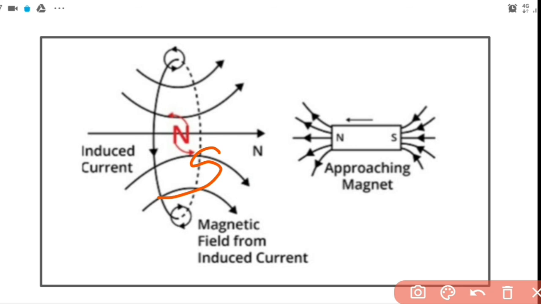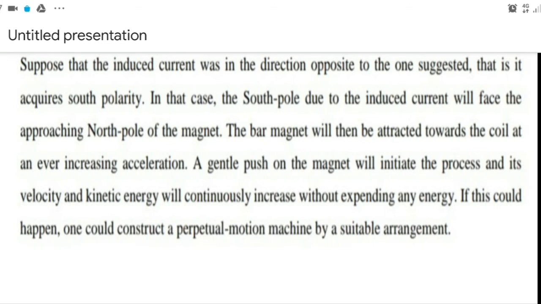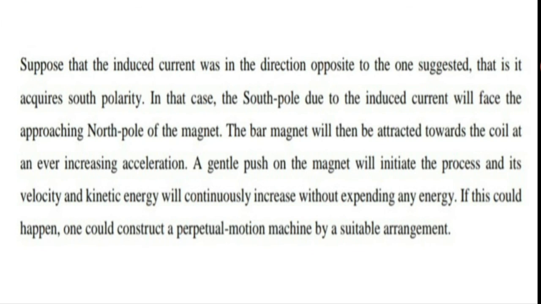So if such a situation comes, in such situations we need to just touch that bar magnet, then the rest will be taken care of. That means we need not move it continuously towards the wire loop. The bar magnet will be attracted towards the coil at an ever increasing acceleration.